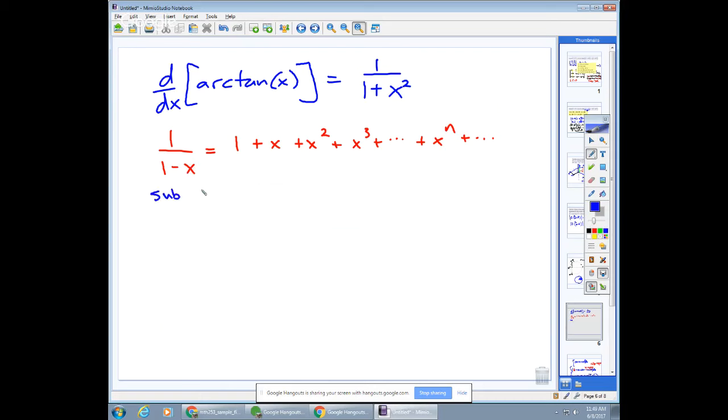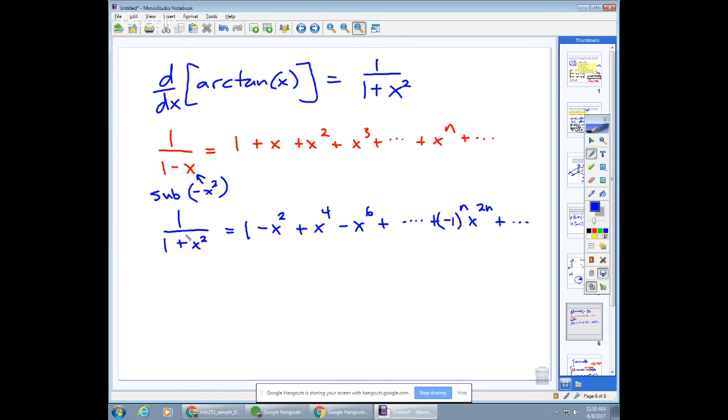So I'm going to sub negative x squared in for x. And so that's going to give me a series for 1 over 1 plus x squared, which is going to be 1 minus x squared plus x to the 4th minus x to the 6th, plus I'm going to have a -1 to the n, x to the 2n as my general term when I drop negative x squared into x to the n.